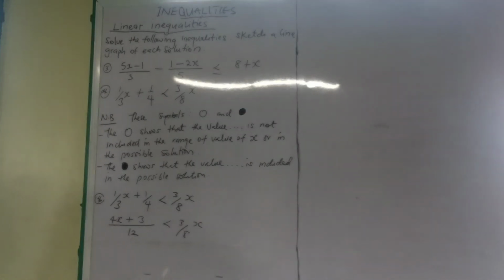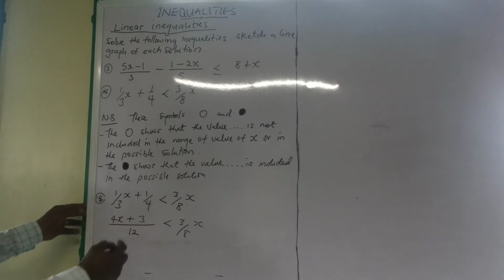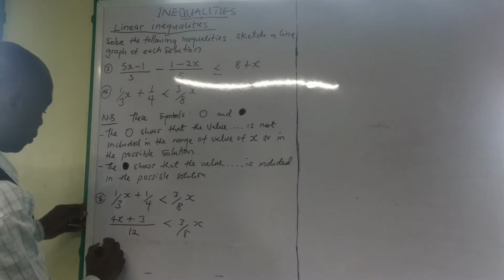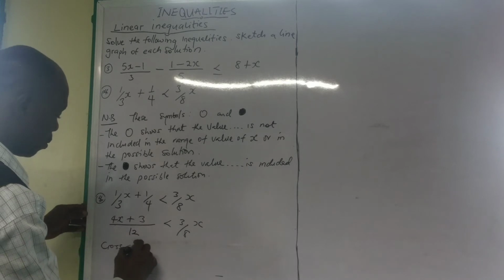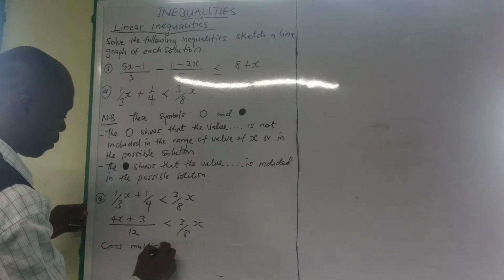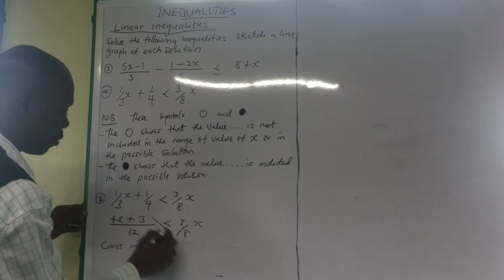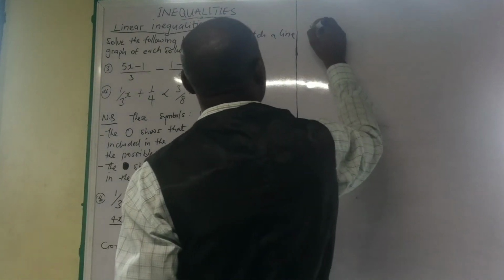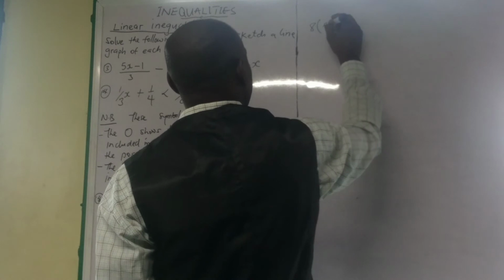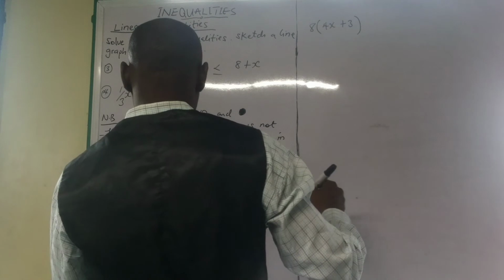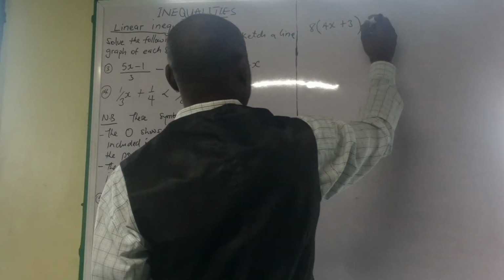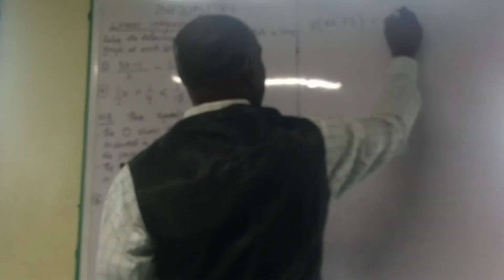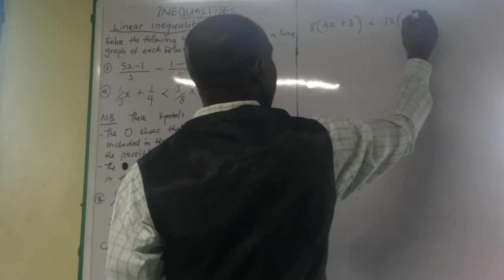Then from here now, so far we can go further. Let's cross multiply the equation. So let's pick 8 bracket 4x plus 3 close bracket, then 12 times less than 12 times 3x.